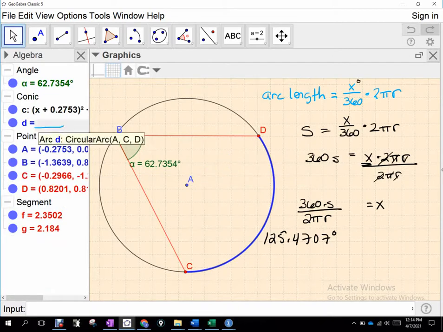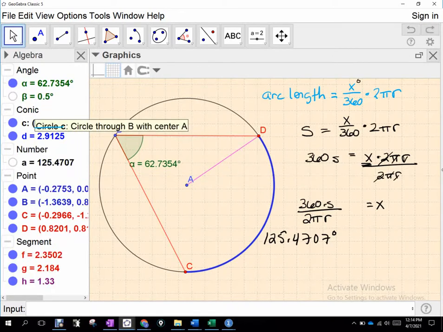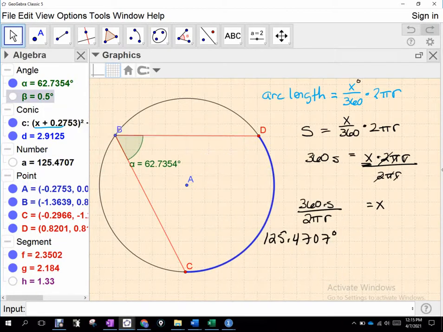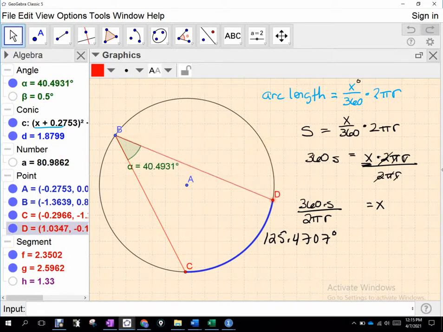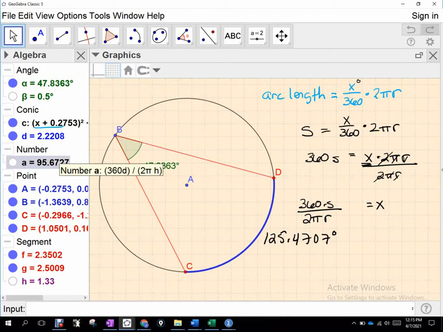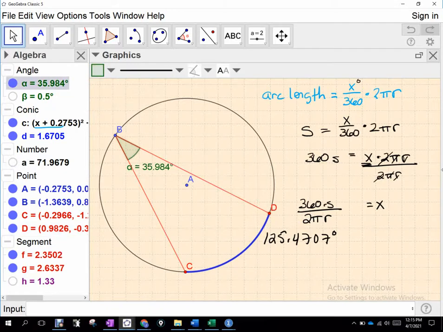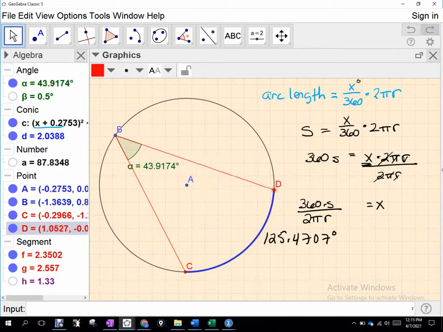Now, because I've got this programmed, hopefully correctly, to show that it does not matter the size of the arc. Oops, I wanted to hide that, not delete it. Look at that number right there. As I move the arc, the measurement of it and the length of it, those are those two values. The measure of it changes as I move C and D, right? This inscribed angle changes, correct? But does the quotient of the inscribed angle compared to the arc ever change from 0.5?